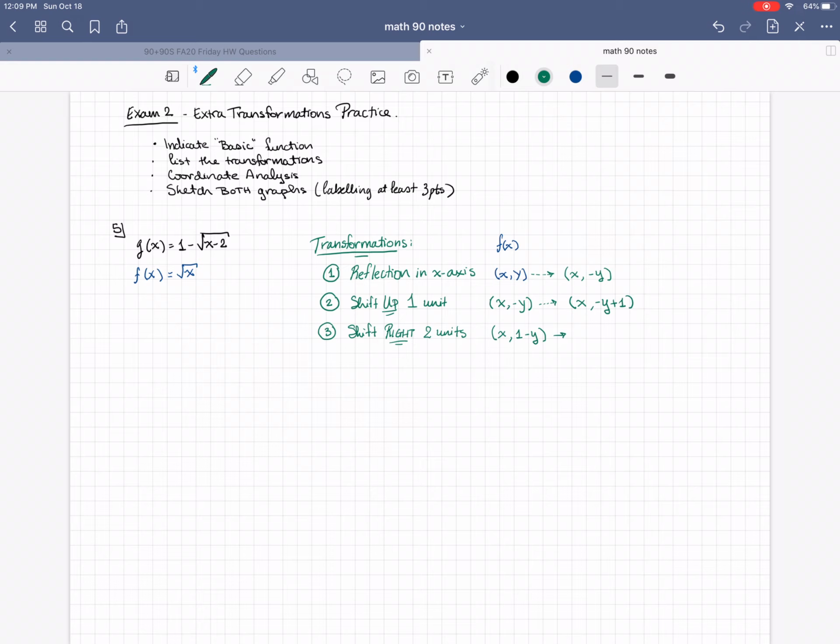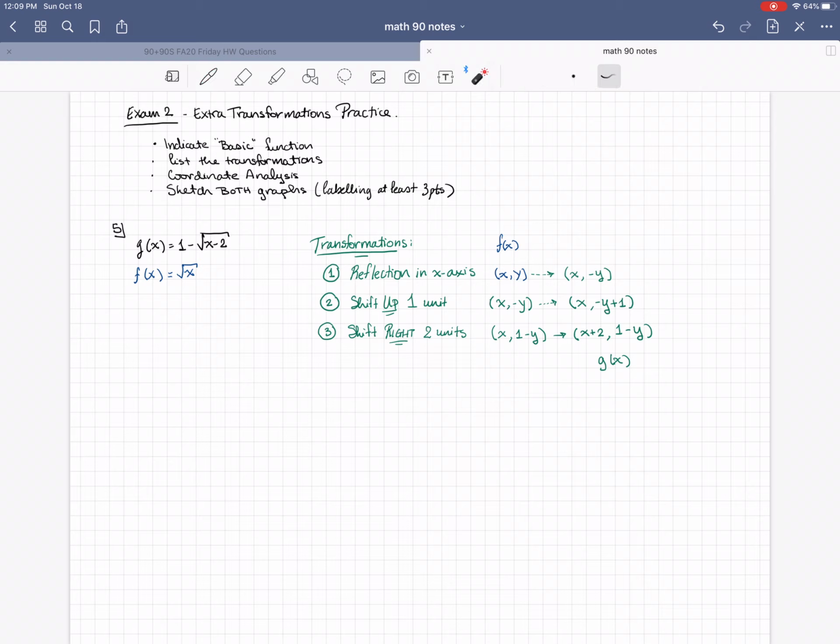And then a shift to the right is going to leave my y-coordinate as it was, but it's going to add 2 to my x-coordinate. And that's it. That is the last transformation. So this is the final destination of my point.